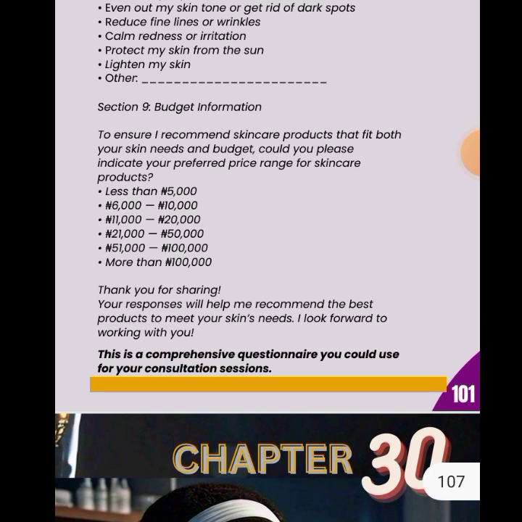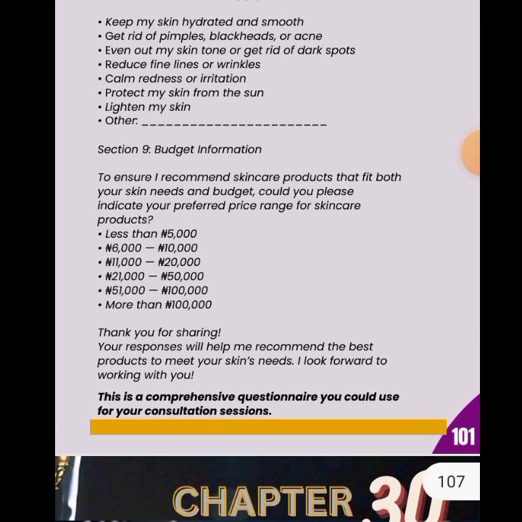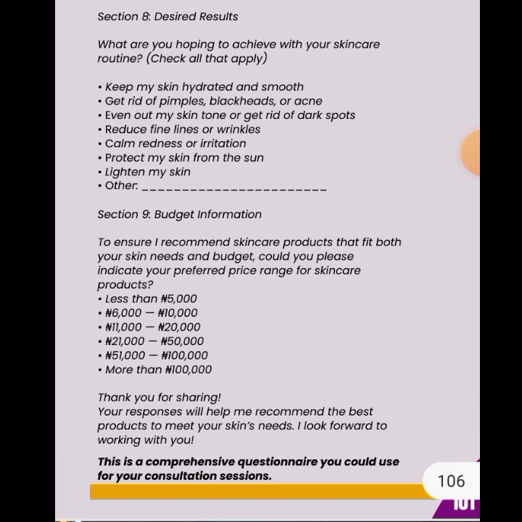Like my recent client, she indicated 51,000 to 100,000. So by the time you insert all this information into the AI, it will recommend products according to this data, including the price range that they want. So that is the importance of the data.